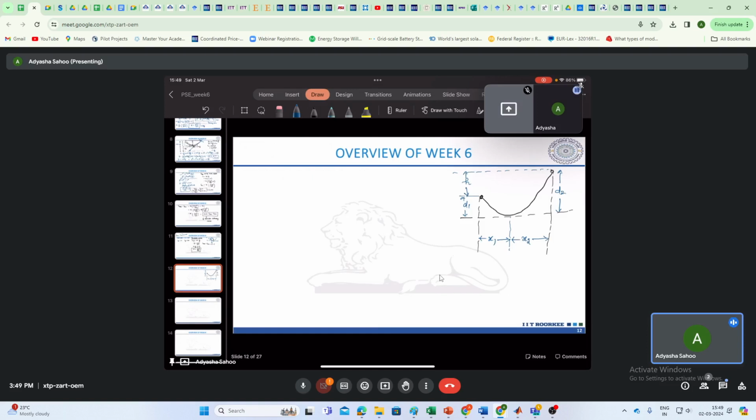So earlier you have derived that your y is Wx squared by 2T. So when at D1, y is D1, so x is X1, so X1 squared by 2T, and whenever y is D2, x is X2.